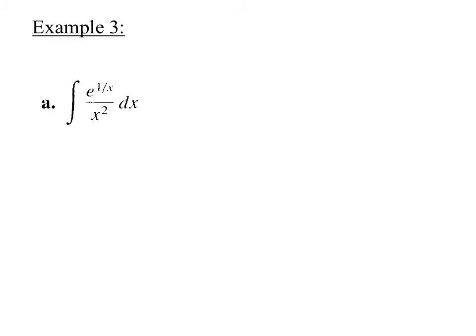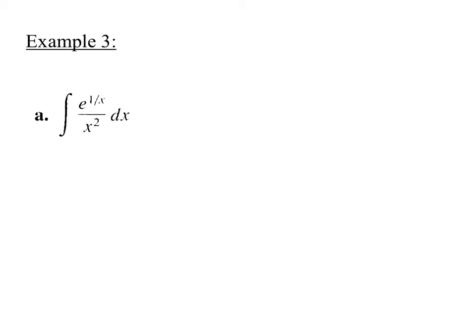All right, couple more examples here. We have e to the 1 over x, over x squared. What are you going to make u equal in this case? 1 over x? x to the negative 1.